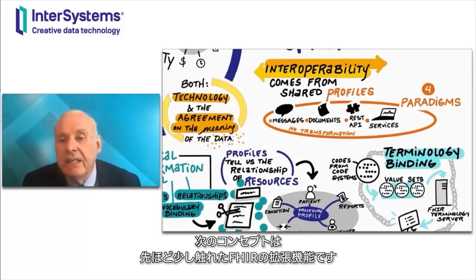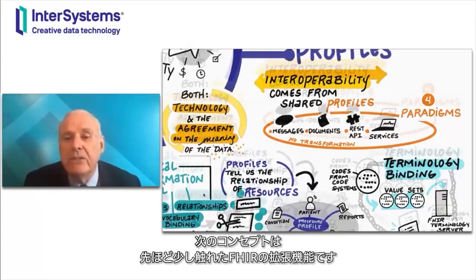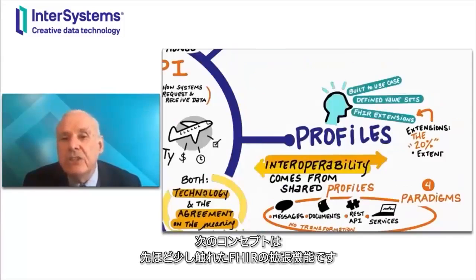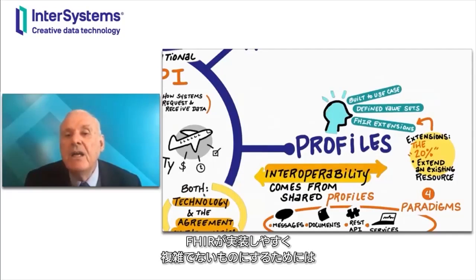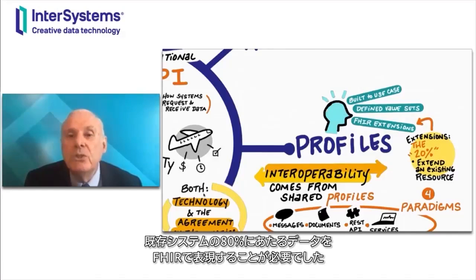The next concept that I said I was going to come back to is FHIR extensions. So part of the design principles of FHIR to make FHIR more implementable and less complex was to represent in FHIR only the data that is in 80% of existing systems.